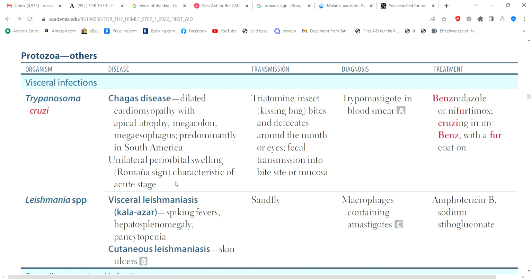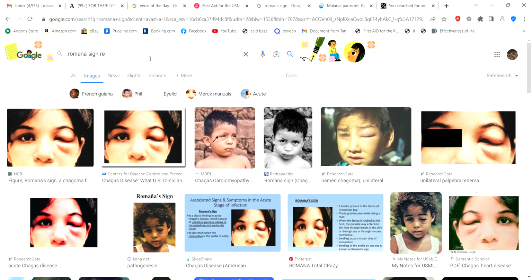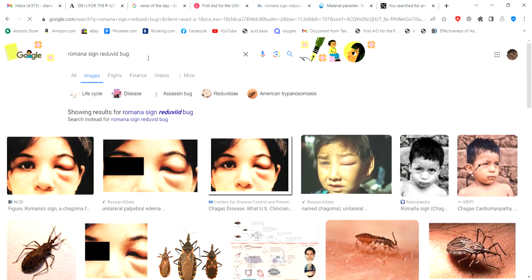Transmission is by the triatomine insect, which is the kissing bug. It's also known as a reduviid bug. Yeah, it's transmitted by the reduviid bug.